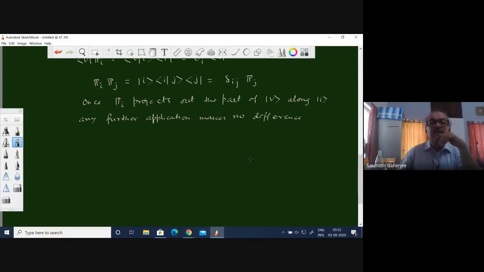Okay, so these sort of follow from common sense, but nevertheless, I needed to write this out because at some point of time later, we may have to use these expressions.